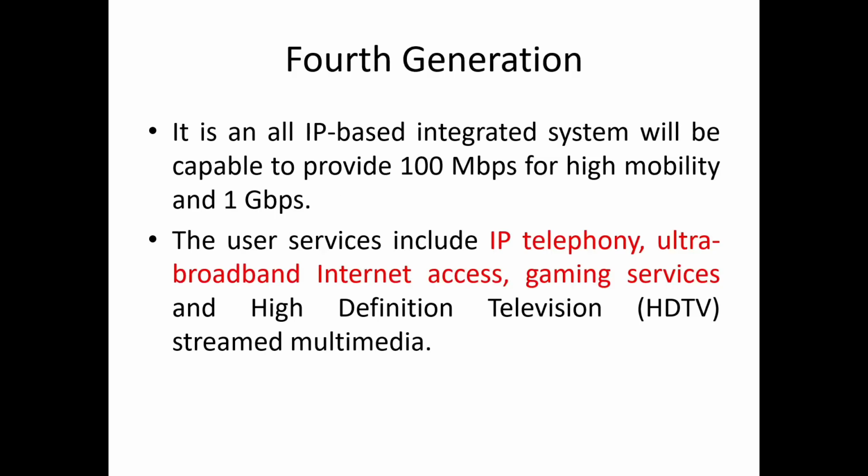And the next one is fourth generation. It is an all IP based integrated system, capable of providing 100 Mbps for high mobility and 1 Gbps. The user services include IP telephony, ultra broadband internet access, gaming services, and high definition television, HDTV, streamed multimedia. In this fourth generation of mobile phones, lots and lots of features, applications and software boomed in this generation.